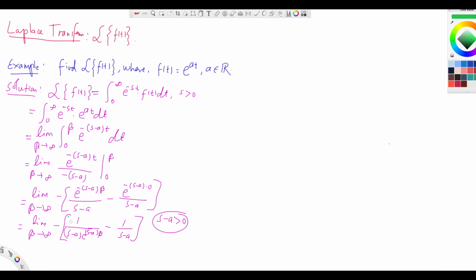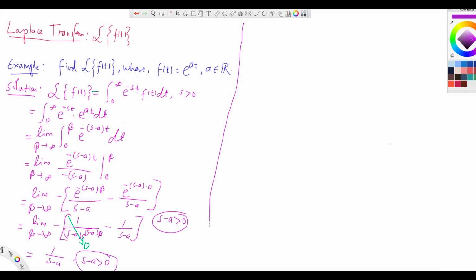This goes to 0 and there is a negative sign, so that is basically the positive sign. So this equals positive 1 over (s minus a), where s minus a is greater than 0, or s is greater than a. Okay, this is what we get for this one.